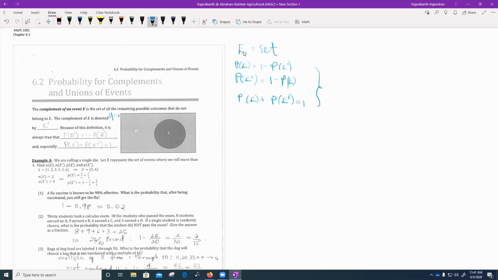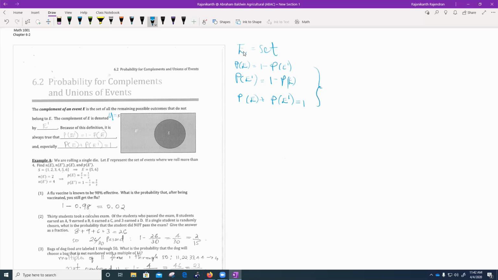Now, if you look at the example here, we are rolling a single die. Let E represent the set of events where we roll more than 4. Find little n(E prime), the probability of event E, and the probability of event E prime. First of all, we find our sample space. Remember, you are rolling a single die, therefore you will have 6 outcomes. My event E is whatever you get that is more than 4.